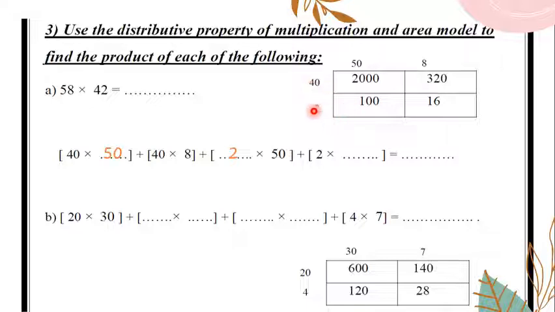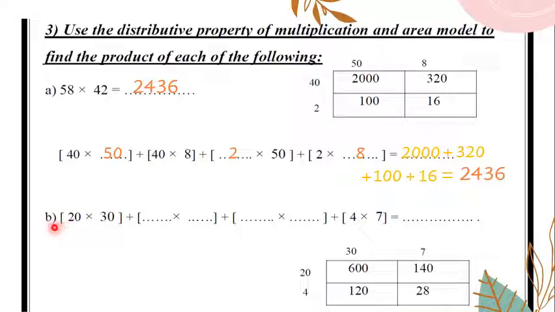Then 2 times 50, then 2 times 8, equals 2,000 plus 320 plus 100 plus 16. Let's add all these numbers. The answer will be 2,436.